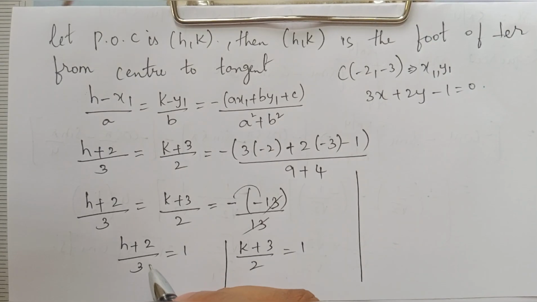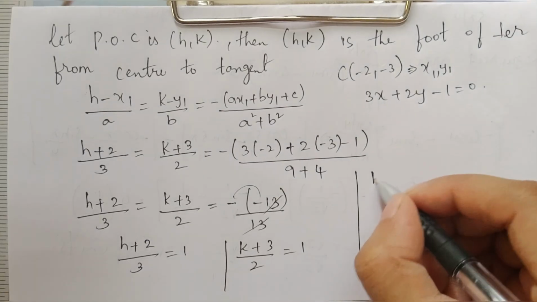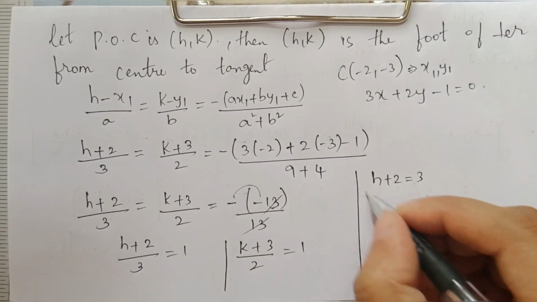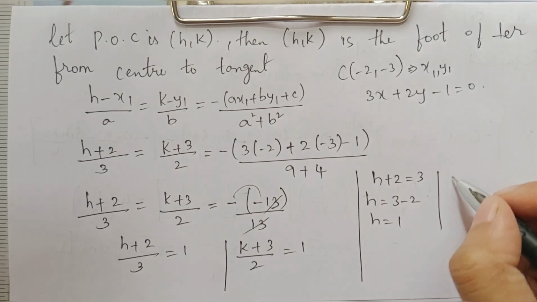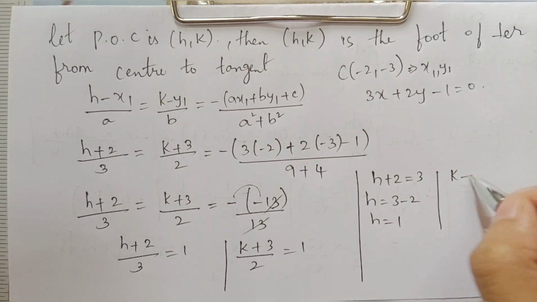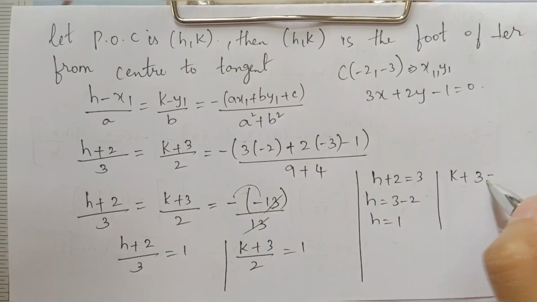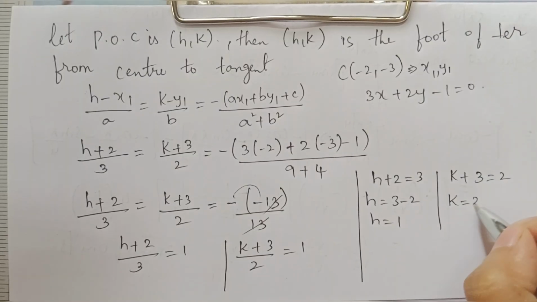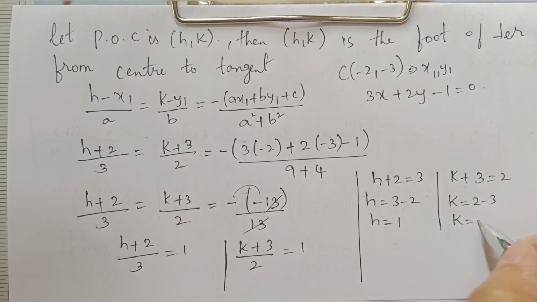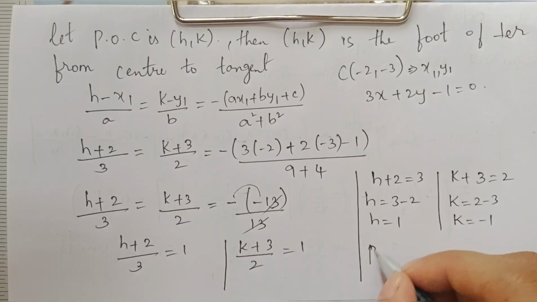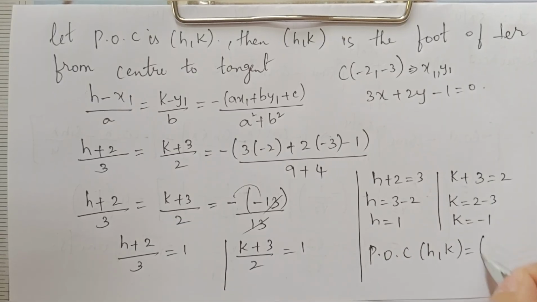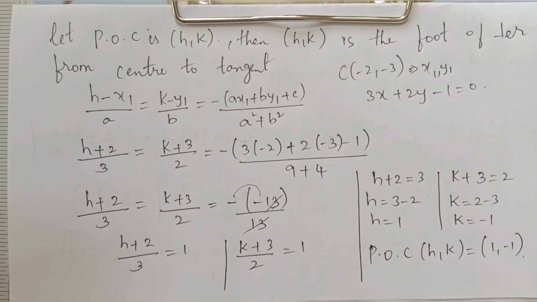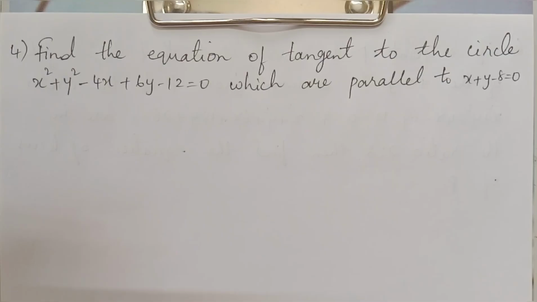So h plus 2 equals 3, h equals 3 minus 2, h equals 1. Similarly k plus 3 equals 2, k equals 2 minus 3, k equals minus 1. So the point of contact h comma k is 1 comma minus 1.